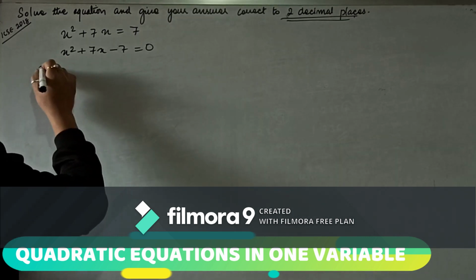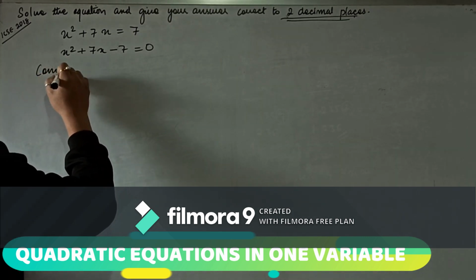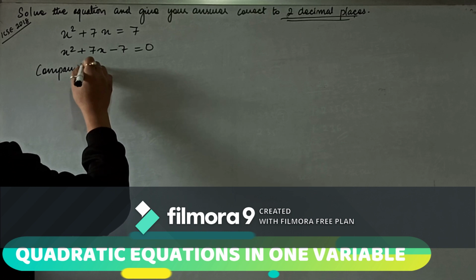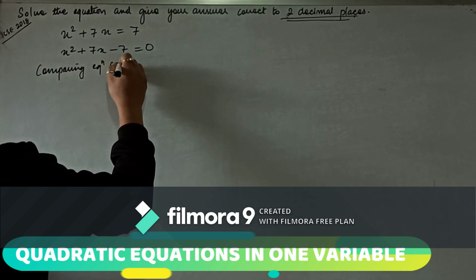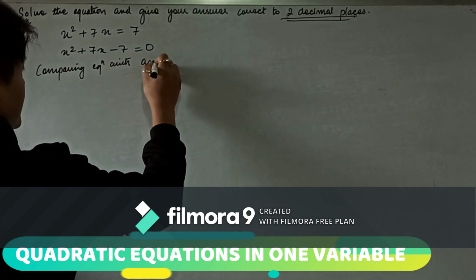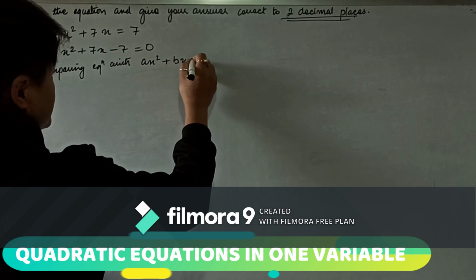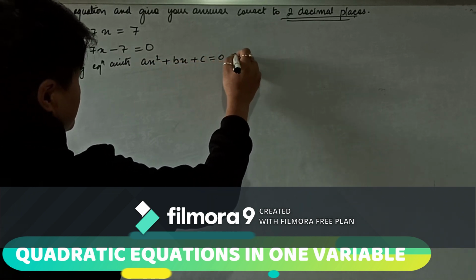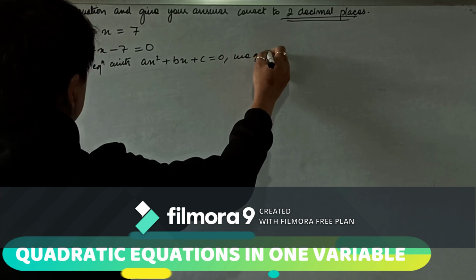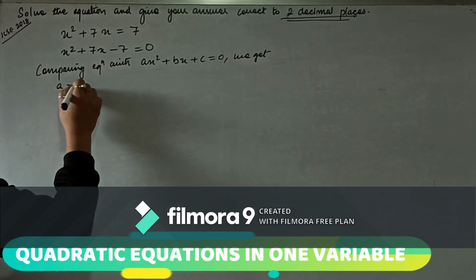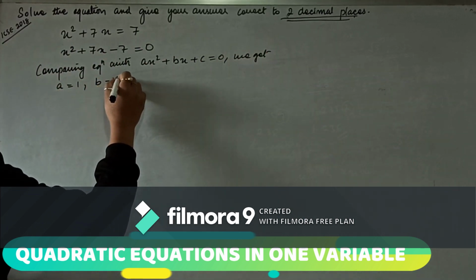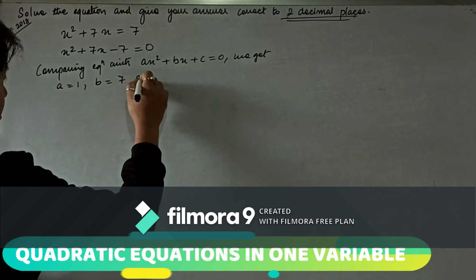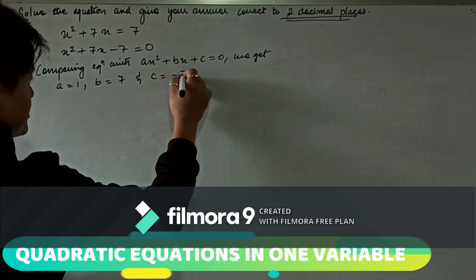Then comparing with ax square plus bx plus c equals 0, we get a equals 1, b equals 7 and c equals minus 7.